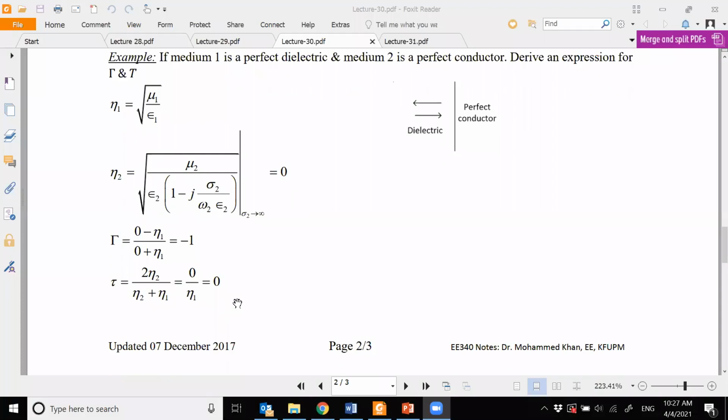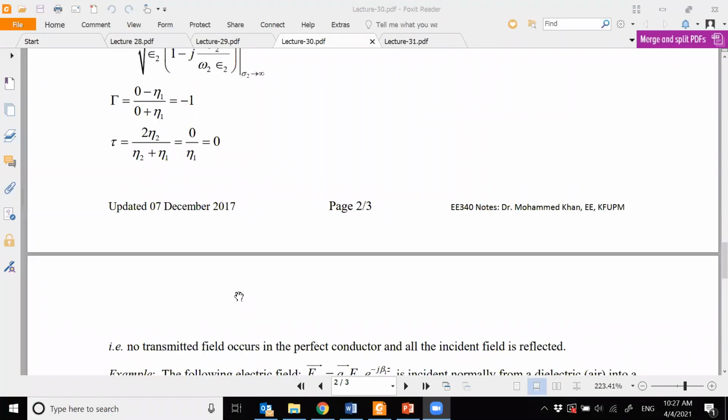So what does this tell us? If the reflection coefficient is -1, what does this mean? It means that the complete electric field amplitude or the magnetic field amplitude is reflected back. And tau is 0, the transmission coefficient is 0. That means there is no electric field which can be transmitted.